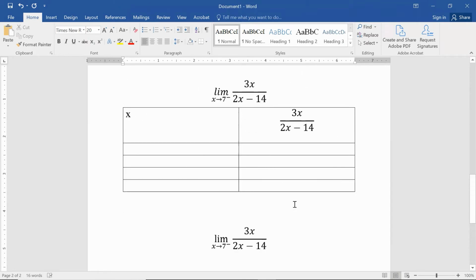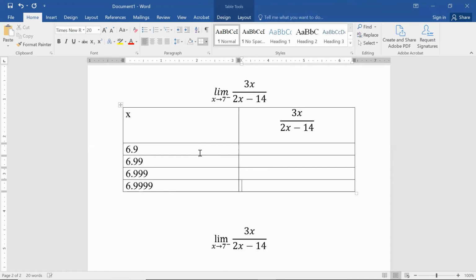Let's do the limit as we approach from underneath. Our input values are going to be under 7, so 6.9, 6.99, 6.999, 6.9999. When you plug in 6.9, you get an output which is negative 103.5. When you plug in 6.99, you get negative 1048.5.